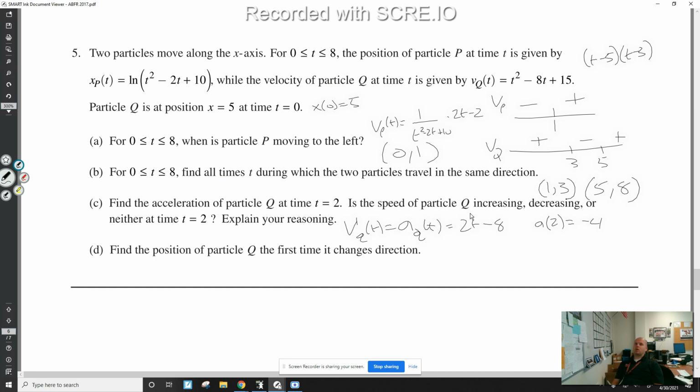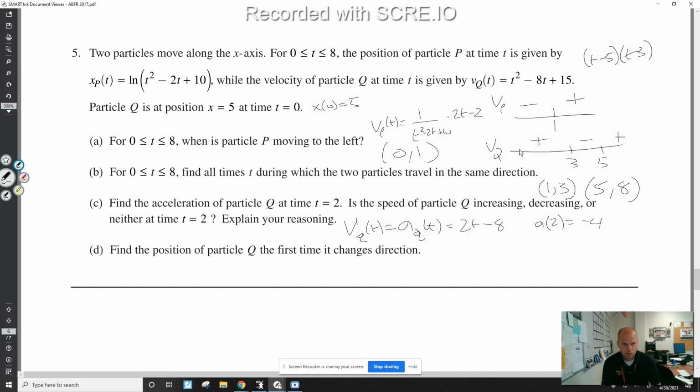Is the speed of the particle increasing, decreasing, or neither? Common question is speed. You could speed up going to the left if your velocity and acceleration are negative. You could speed up going to the right if your velocity and acceleration are positive. Signs of velocity and acceleration. So a of 2 is negative.